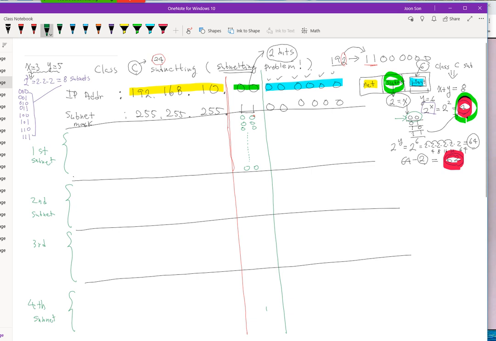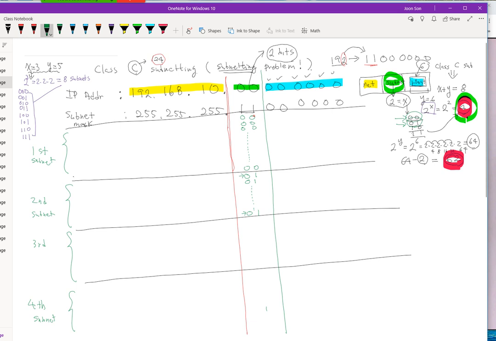And the next subnet is 0, 1, right? So it's 0, 1, and 0, 1, and then all the way to 0, 1. How many of them? 64 of them. This one is for the network address, and this is for the broadcast address.